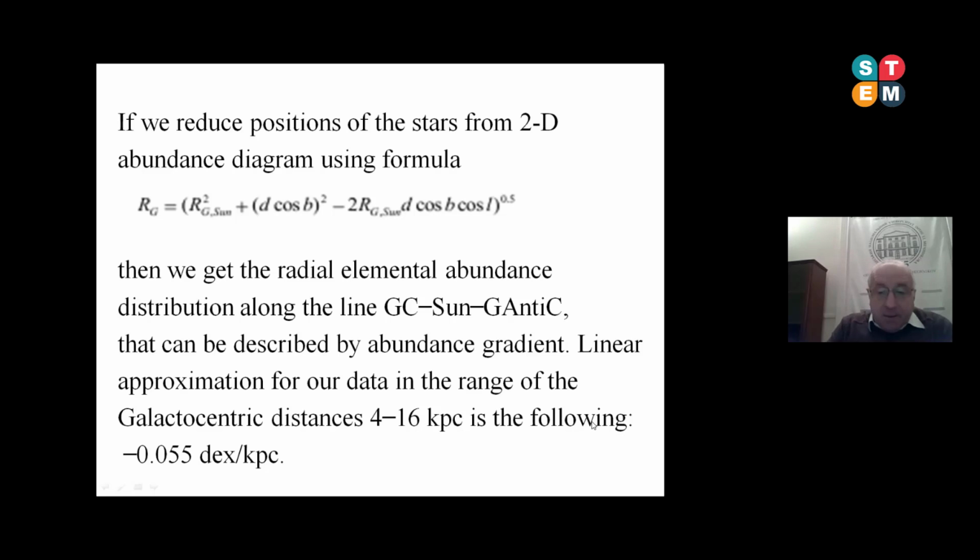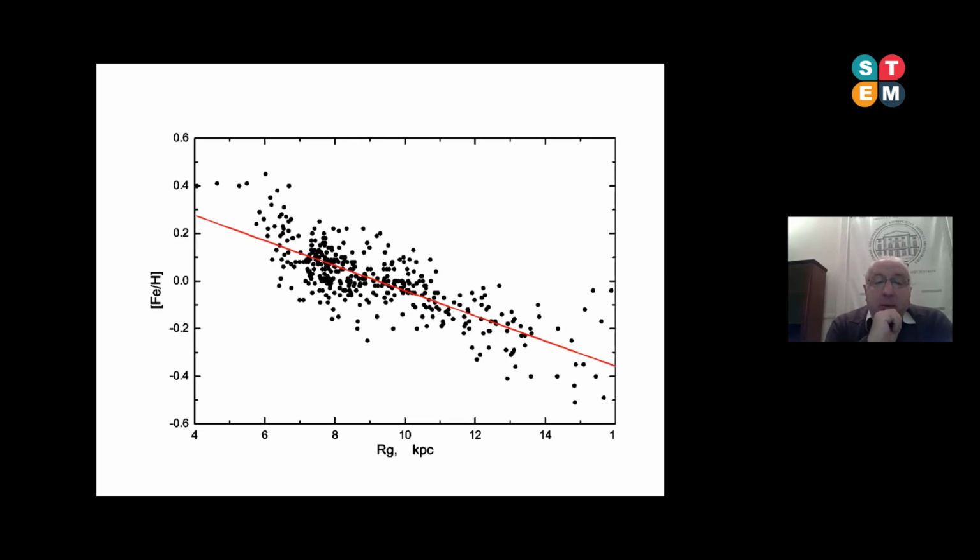What we have got: minus 0.055 dex per kiloparsec, minus because metallicity increases toward the galactic center as galactocentric distance decreases. And we see it in this picture.